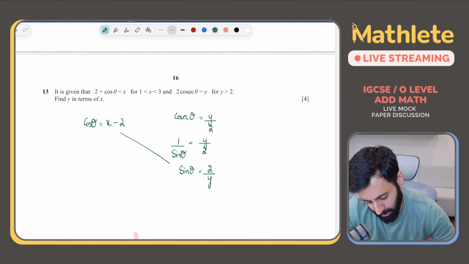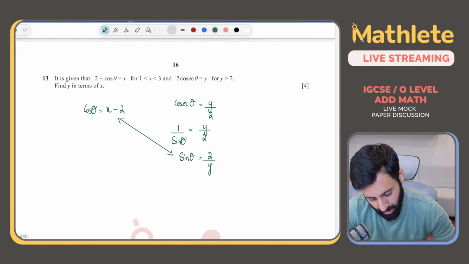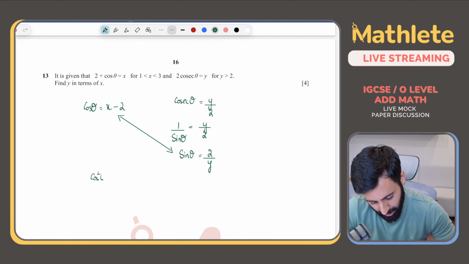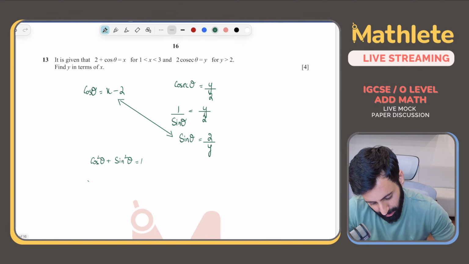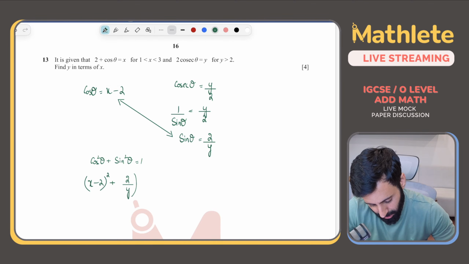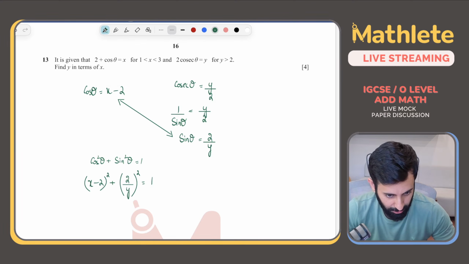Now, one equation which connects cos and sine is cos square theta plus sine square theta equals 1. So cos square theta is x minus 2, the whole thing squared, do not expand because you're only supposed to find y in terms of x, plus sine square theta, which is 2 upon y, the whole thing squared, equals 1.